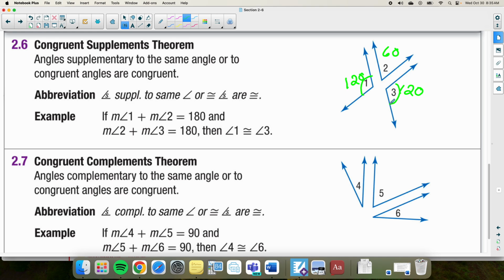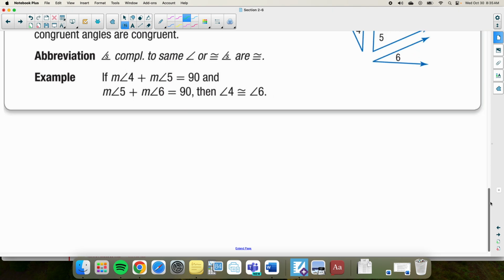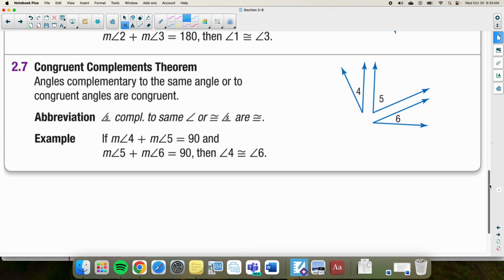And that happens every once in a while in geometry where you'll get a theorem and then they'll ask you to prove it. So this one here we also prove, and it's very similar to the one above. It says angles complementary to the same angle or two congruent angles are congruent. So again, let's say this was 60 degrees, and let's say you were told 4 and 5 were complementary.